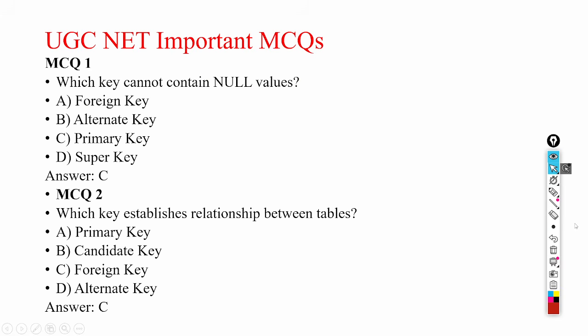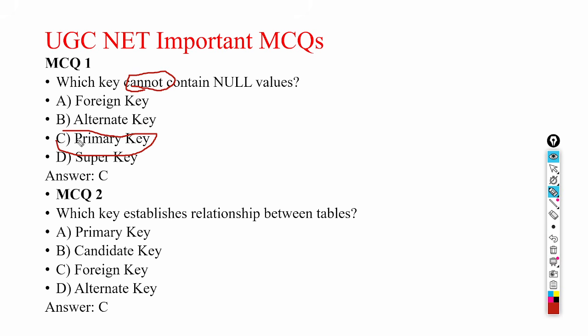So there are some important UGC NET MCQs. Which key cannot contain null values? Remember this, "not" is very important in exams. Which key can contain null values and which key cannot contain null values? Here our question is which key cannot contain null values. The primary key cannot contain null values.